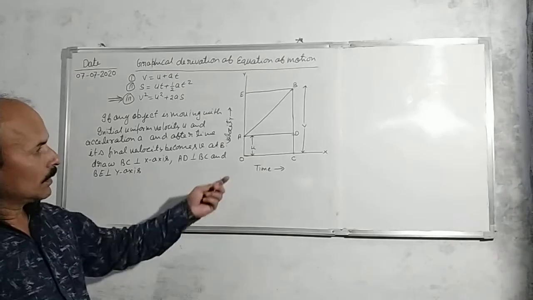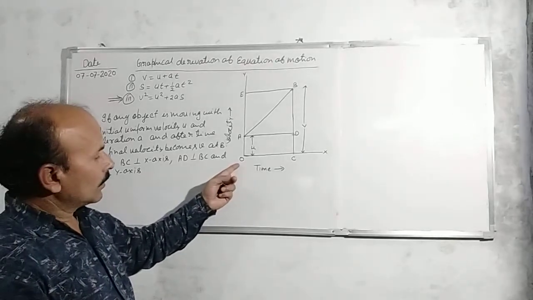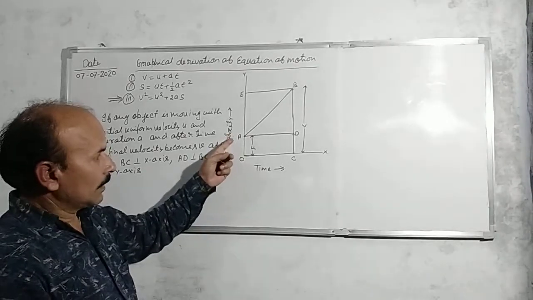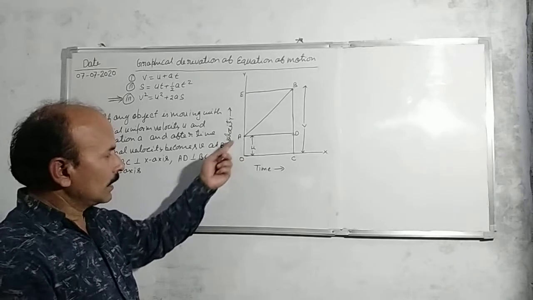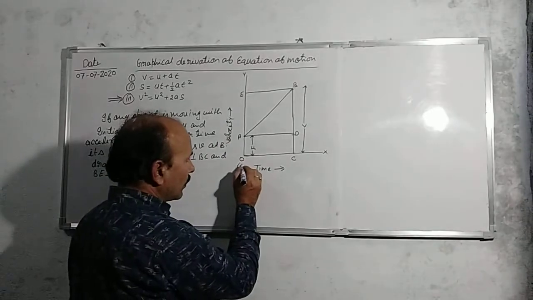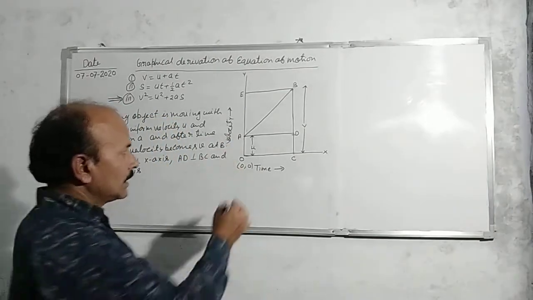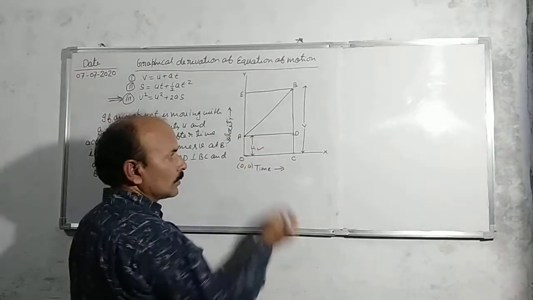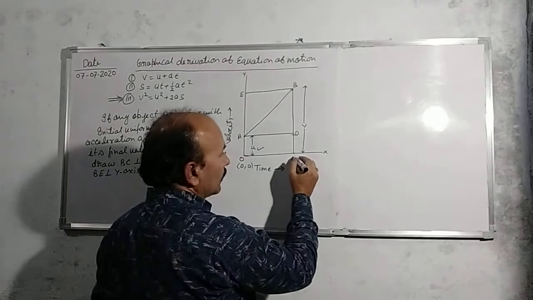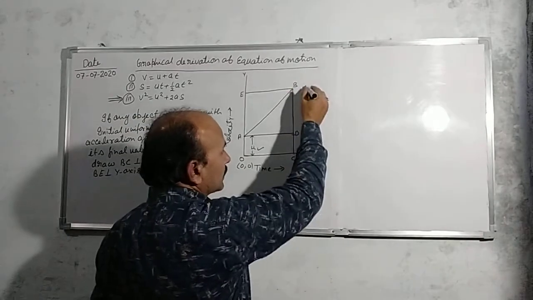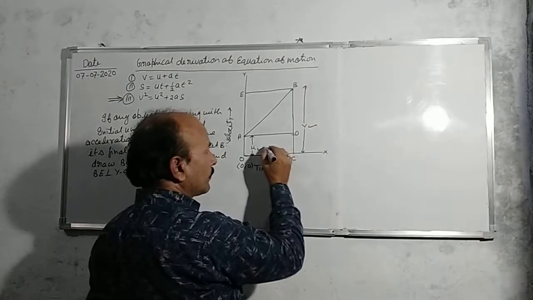And as you all know, O means origin, O to A. Here the value of x and y is 0, 0. So O to A represents the initial velocity u, and the value between C to B represents the final velocity v.